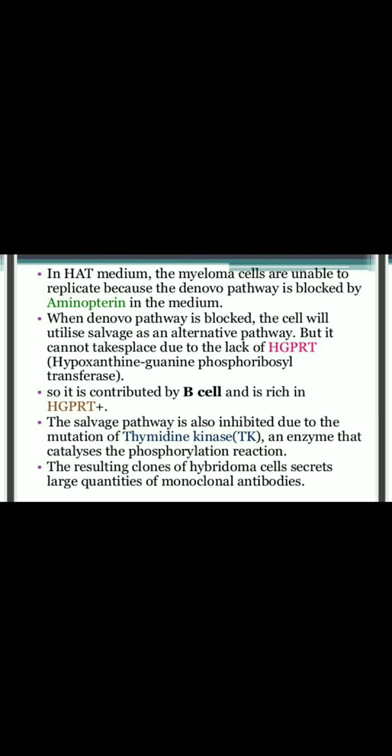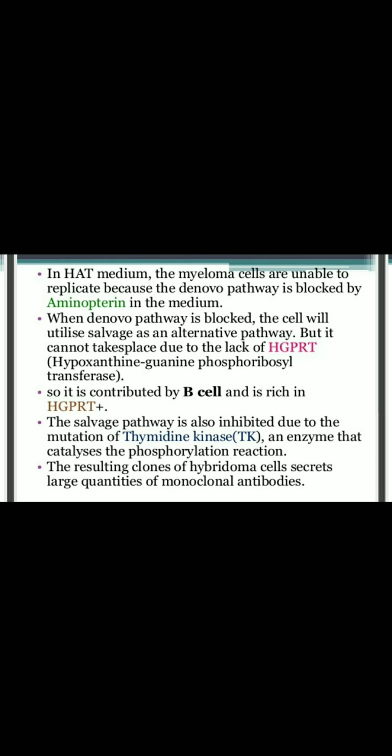HGPRT is contributed by the B cell, which is rich in HGPRT. So this is the simple understanding: in HAT medium containing aminopterin, due to the aminopterin, the myeloma cell cannot synthesize nucleotides itself. We have the option of the salvage pathway, but this pathway requires HGPRT, and the myeloma cell lacks HGPRT.